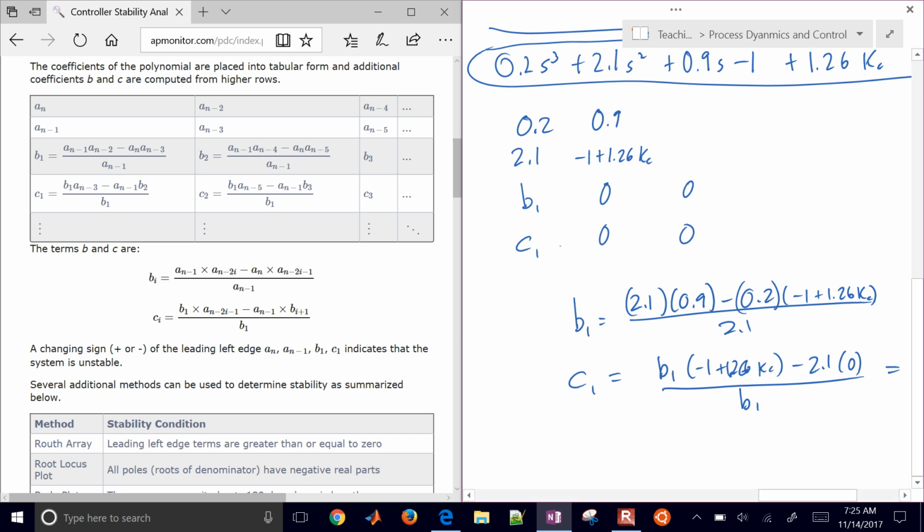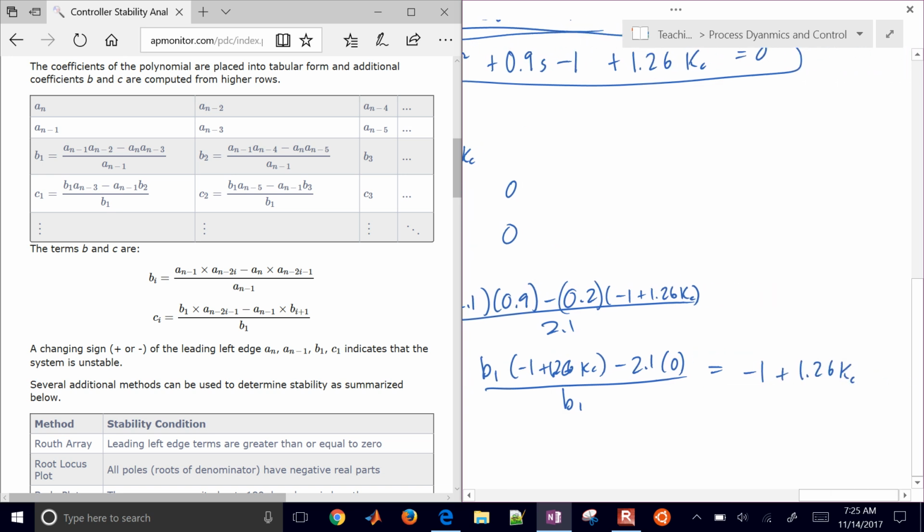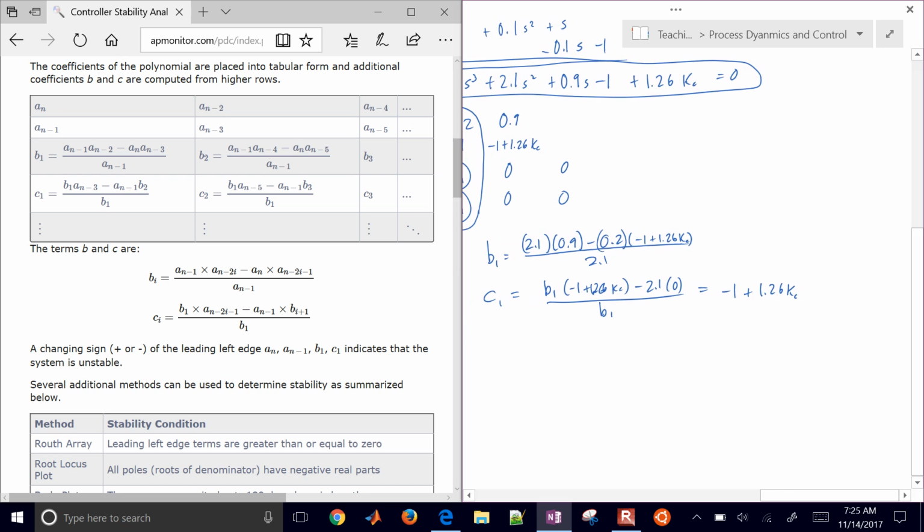So we want to look at the leading left edge, and if it changes signs, then it means it's going to be unstable. So this one is positive, that's positive, so B1 needs to be positive and C1 needs to be positive as well for this to be stable. So I'll say that's greater than 0, and this one has got to be greater than 0 as well. Hopefully that'll give us the upper and lower limits of our stability.